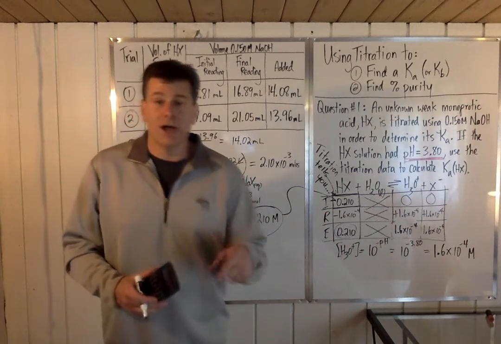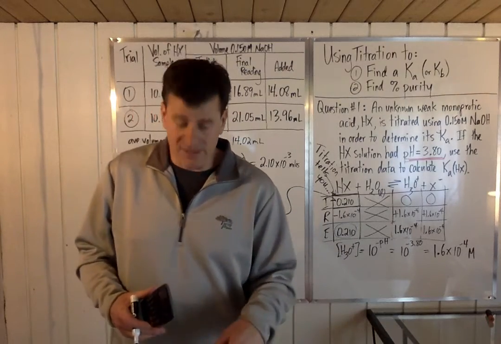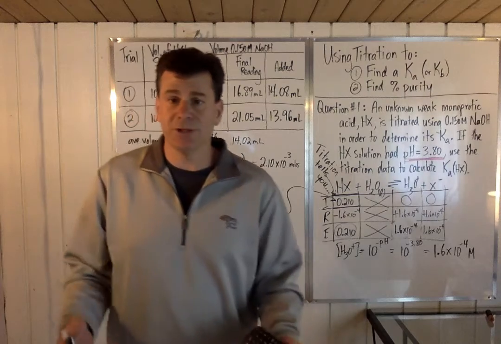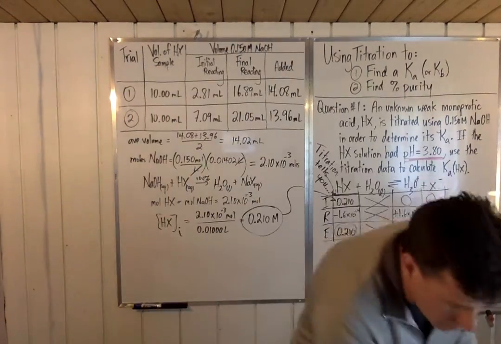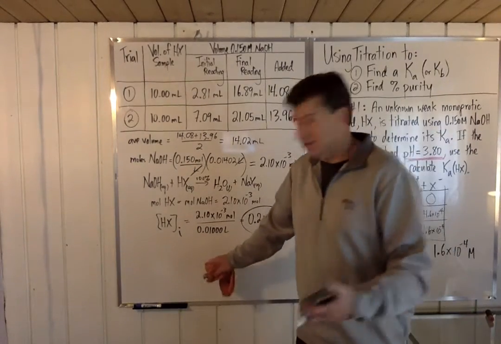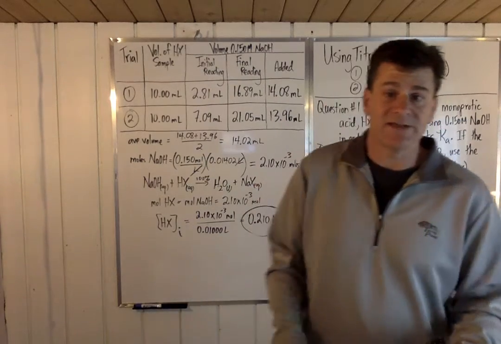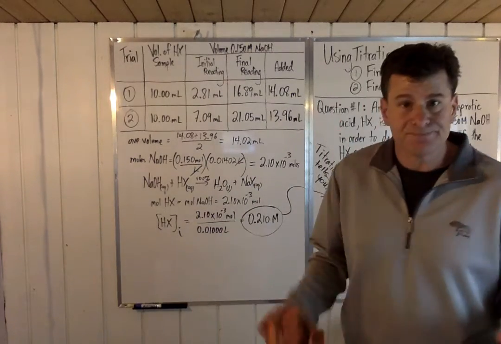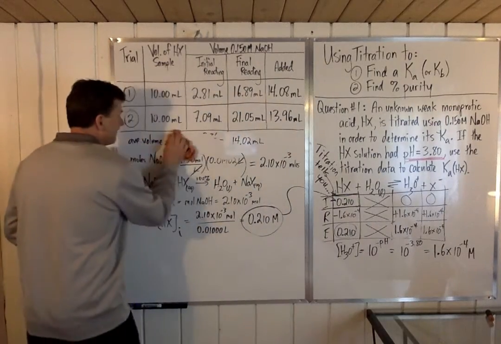It can be the same as we just saw, but it's not necessarily the same. So now what do we do to actually find the Ka? I've run out of room on my board, so wherever your page is, down below, you'd write a K expression, plug in the values, and get the K. I'm going to erase and then fill that in.